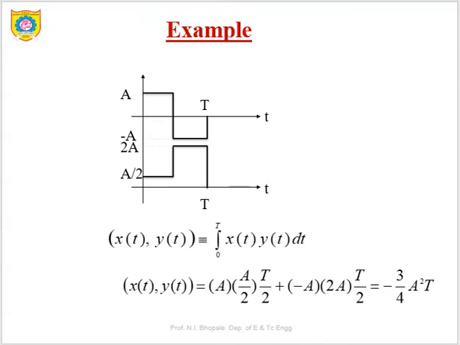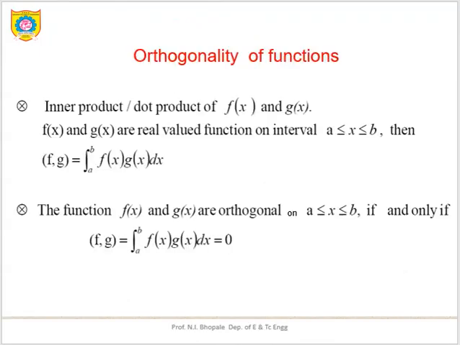Let's see the next, that is the orthogonality of functions. In the case of the orthogonality of functions, again the condition is the same: the dot product is cross checked.